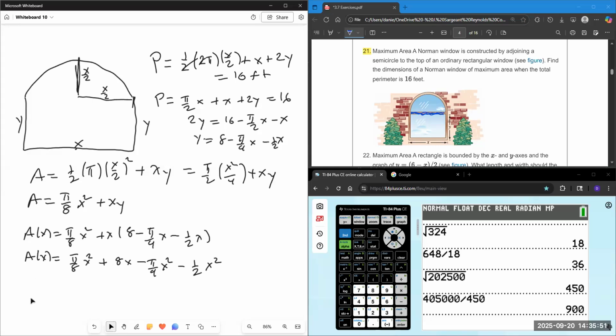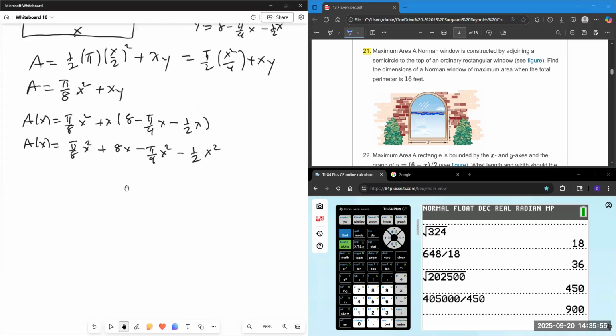And then when I take the derivative of this, A prime of x is pi over 4 x plus 8 minus pi over 2 x minus x. And I want to set that equal to 0 and solve.